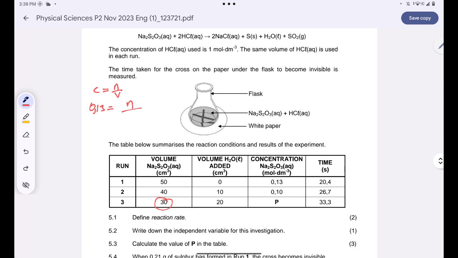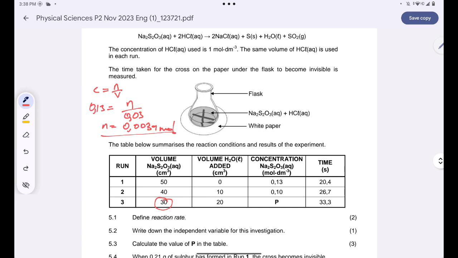So I just need to change the 30 cubic centimeters into cubic decimeters. So this will be 0.03. So the number of moles, I will have 0.03 multiplied by 0.13. So my number of moles, I have 0.0039 moles. Are you together? So these are the number of moles of my sodium thiosulfate.